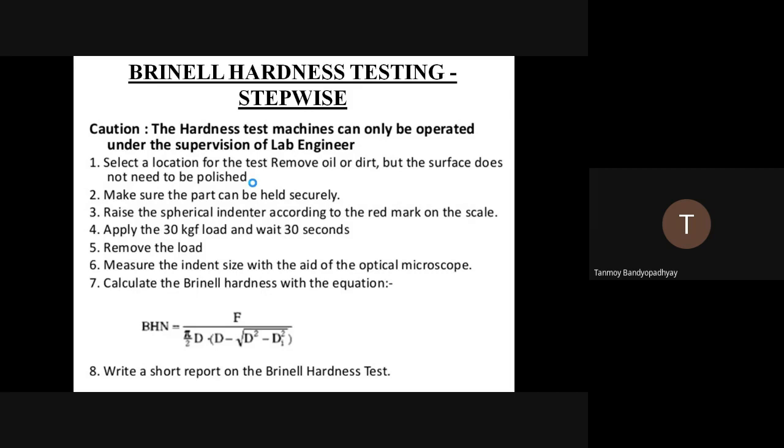If the foundation is not strong and you are applying 100 kg of force, the specimen may get tilted. In that case, the load is not perpendicular to the surface of the specimen, and you don't get reliable values for the impression diameter or the impression depth.